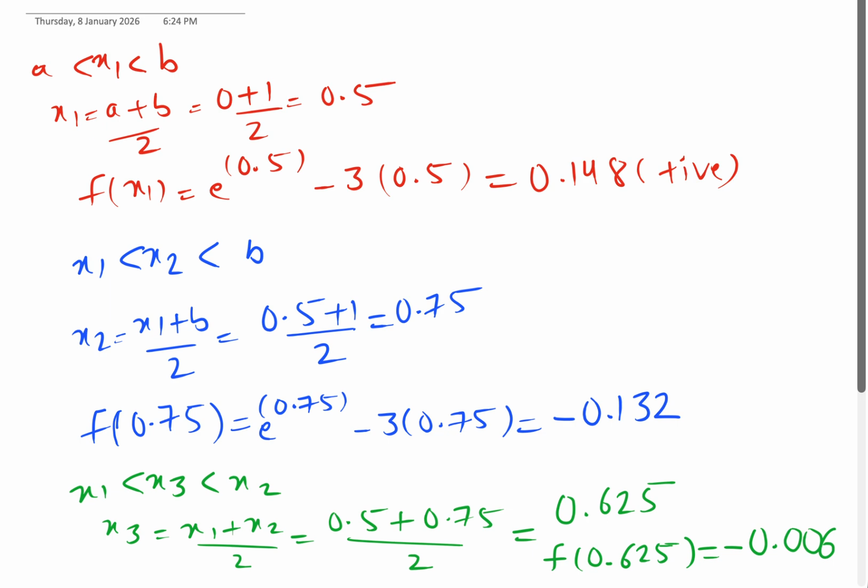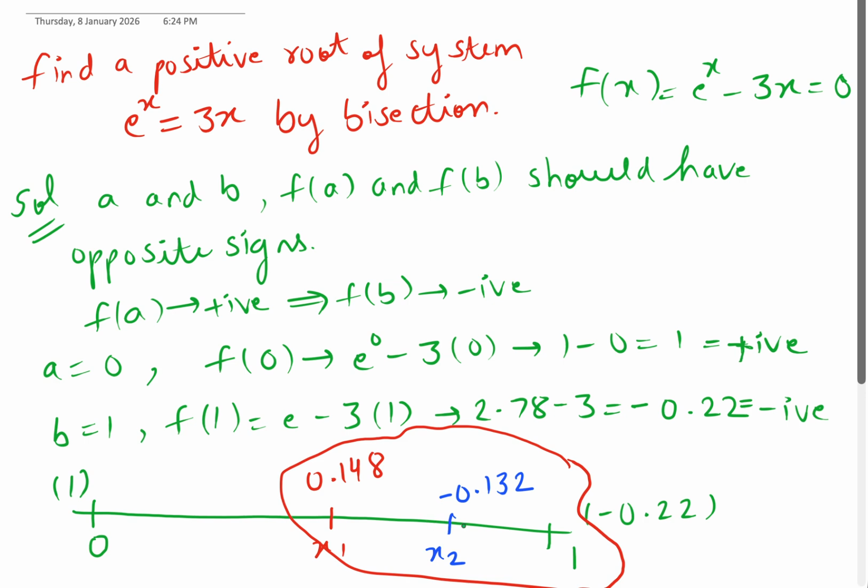Firstly, let me fill in here. We got x3 here, and the value was negative 0.006. So now I again want to reach 0. It will be between x1 and x3.